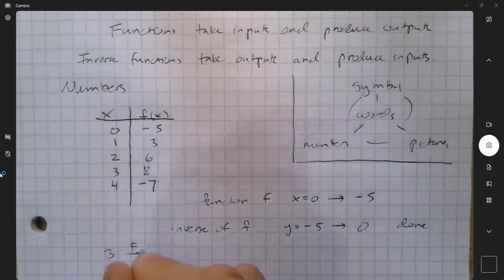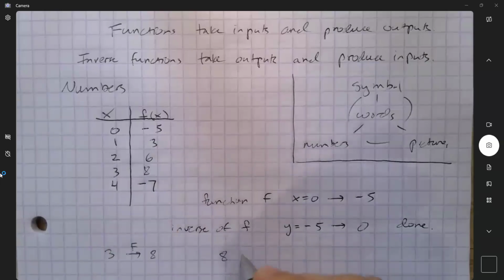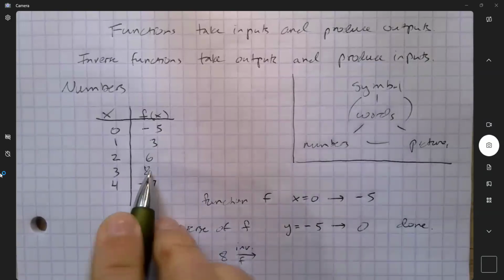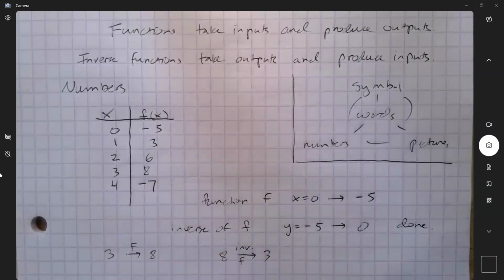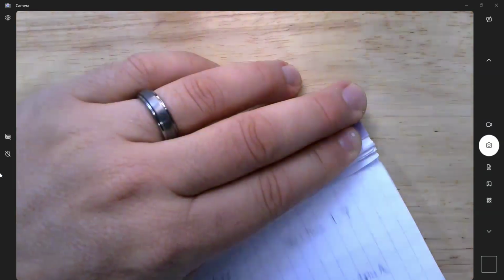3 going through f goes to 8. 8 going through the inverse of f is 3. Now we have notation because rather than writing words, mathematicians came up with notation.